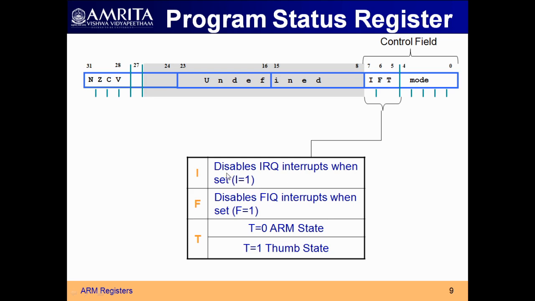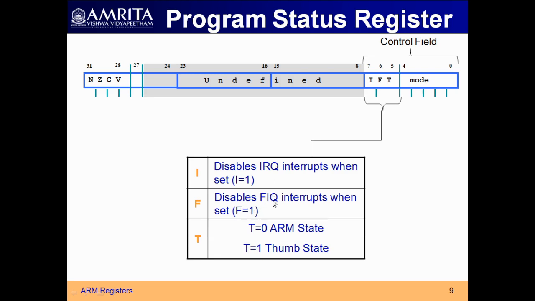So if the I bit is 1, you are disabling the normal interrupt request. Similarly, the next bit, F. If the F bit is set, you are disabling FIQ. In both cases, set means you are disabling, and clear means you are enabling. So if F is equal to 0, you are enabling FIQ.